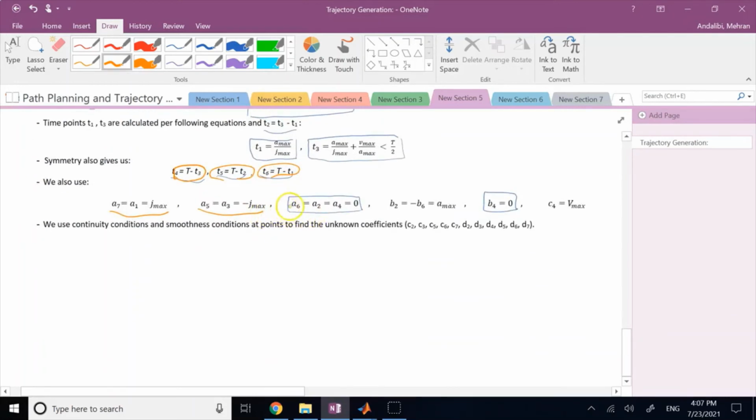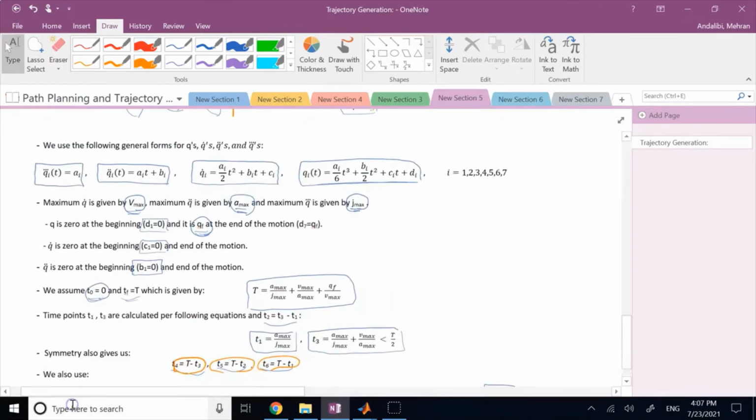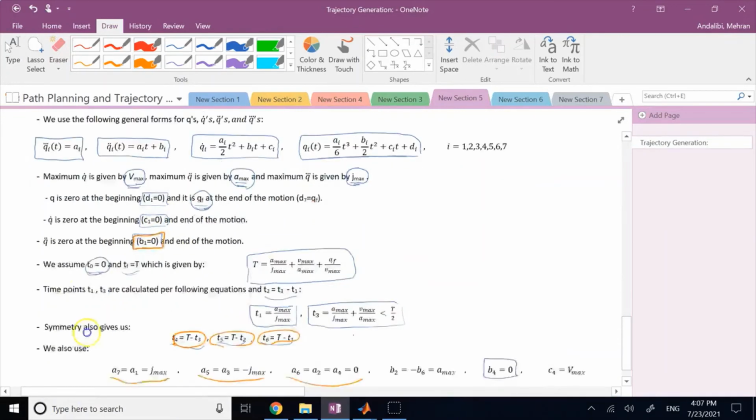As I said, then A6, A2, A4 are all 0. And these are all of your A's. So if you see here, I have given you all of your A's. You can start with these A's. Out of your B's, B4 is 0. That's given to you. B1 is also 0 because your initial acceleration is 0.